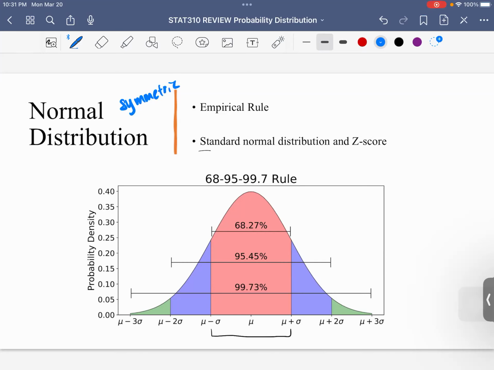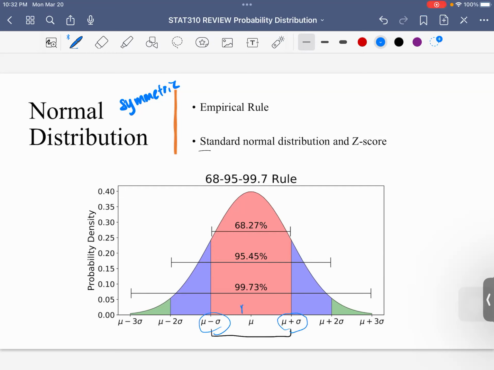The other thing is the empirical rule, which says 68.27% of the values, or you get a probability of 68%, that your value will fall within the range from mu minus sigma to mu plus sigma.